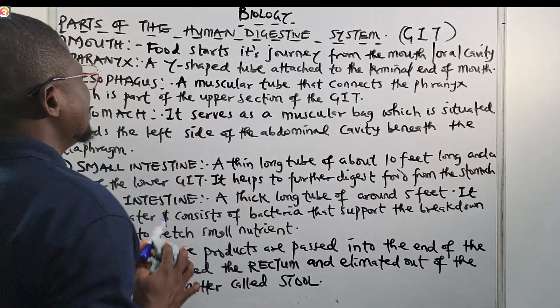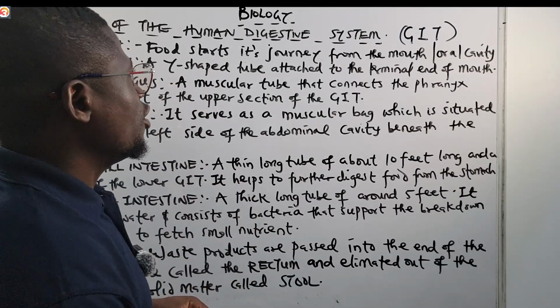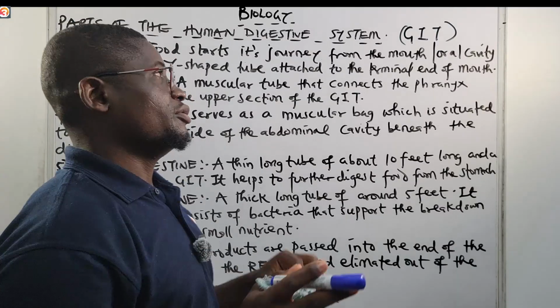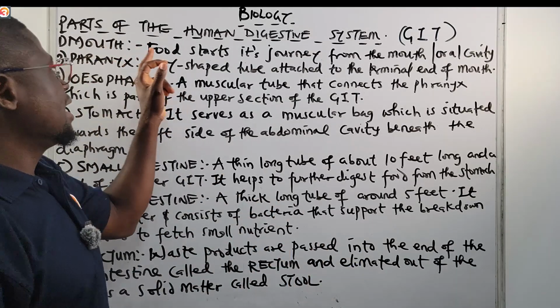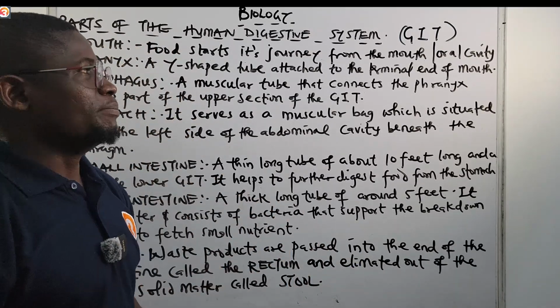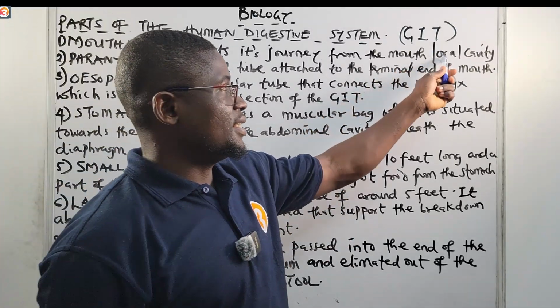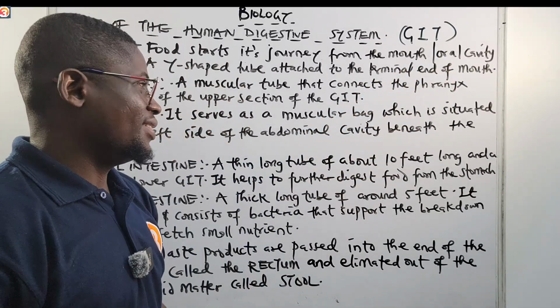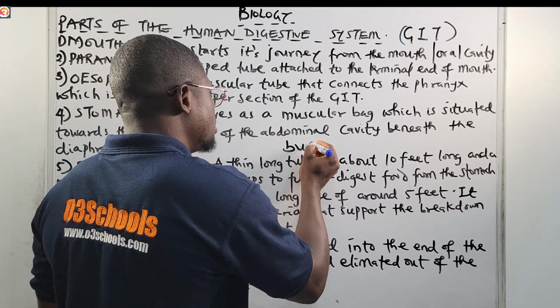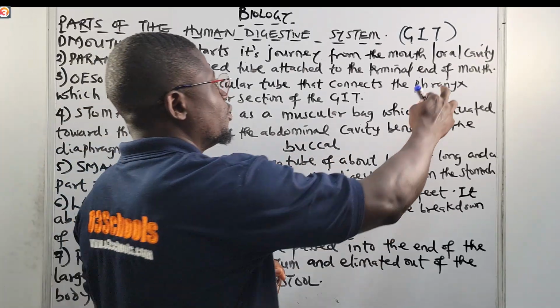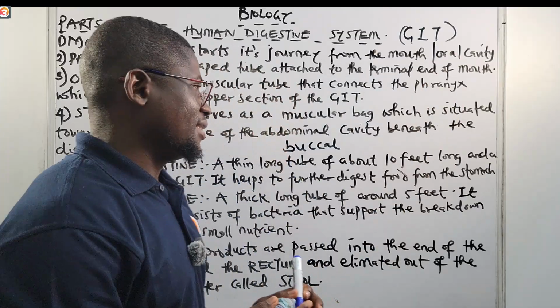So the mouth is the first part of the alimentary canal. It starts from the mouth, ends in the anus. Food starts its journey from the mouth, the oral cavity, also called the buccal cavity. So please take note of that.